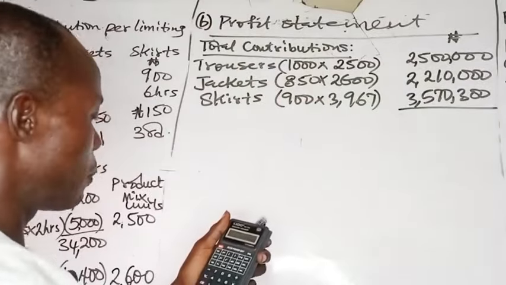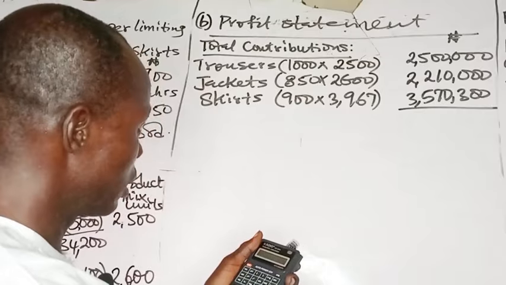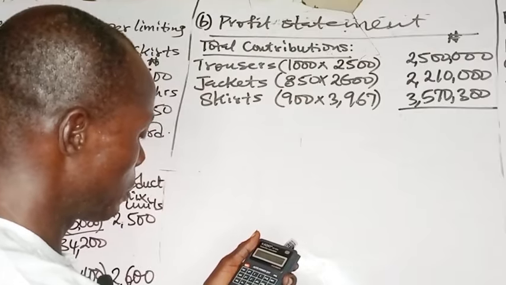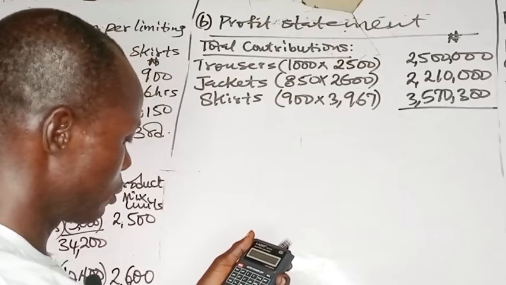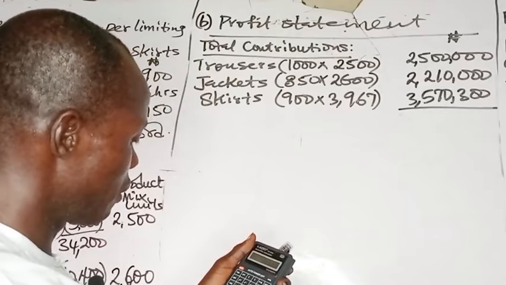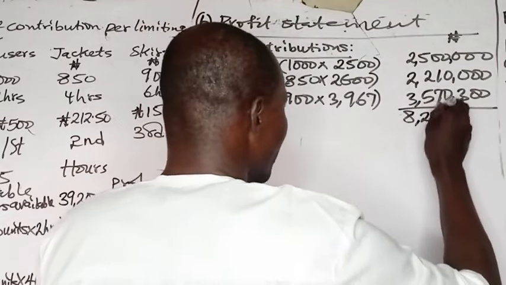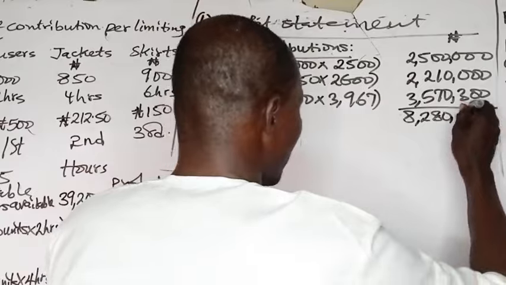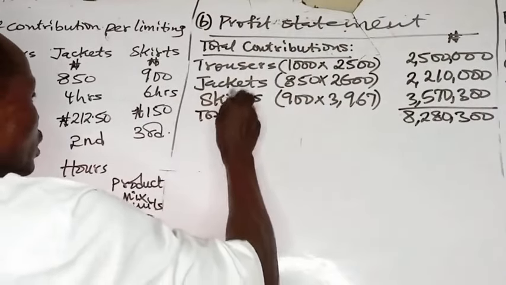If you sum up the contribution, 2,210,000 plus 2.5 million plus 3,570,300, we have 8,280,300. That is the total contribution from the 3 products.